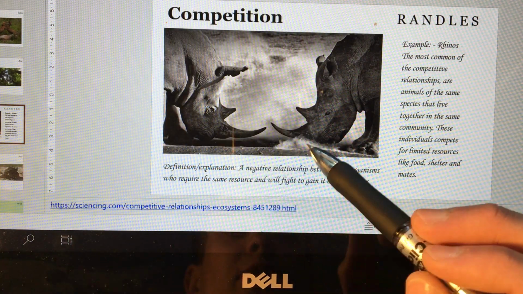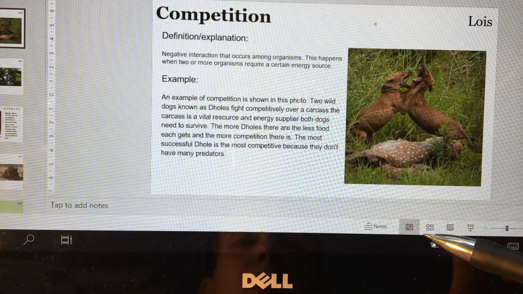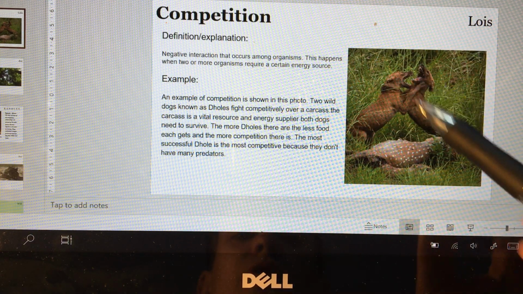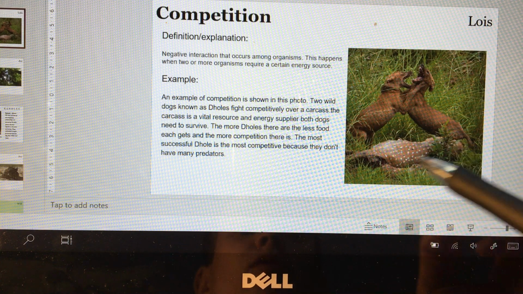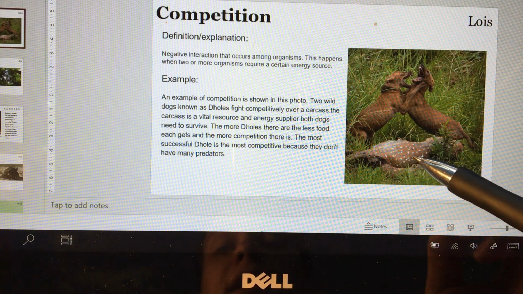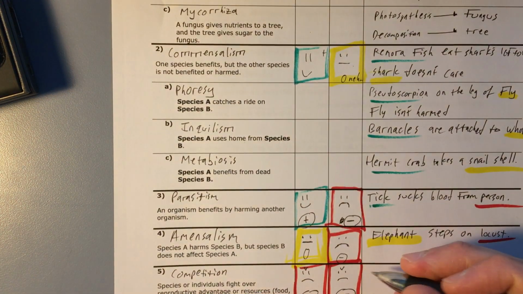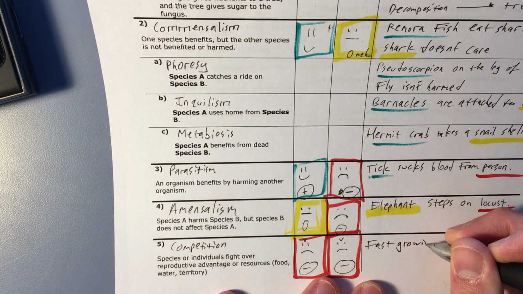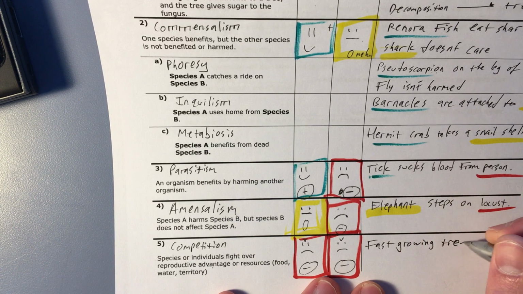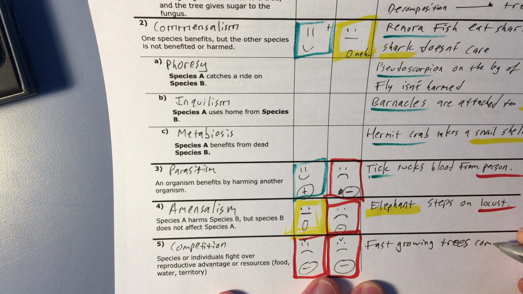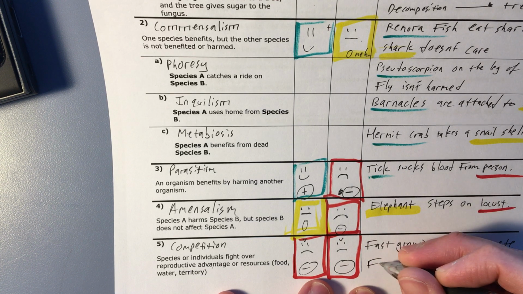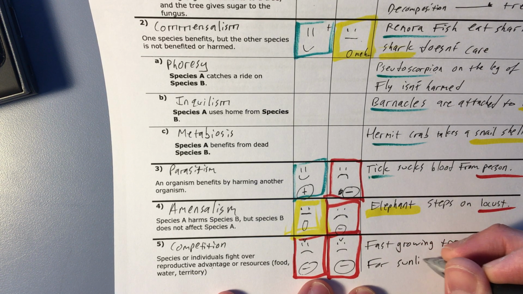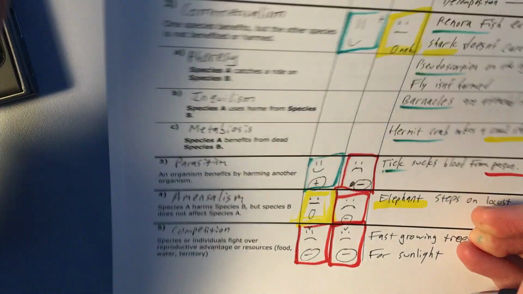Not like you would, two rhinos fighting, or here these are does, so they're fighting over this food right here. So they are competing against that. Okay, so here we could say fast growing trees compete for sunlight. Now in the process, one might win, but maybe it'll lose.